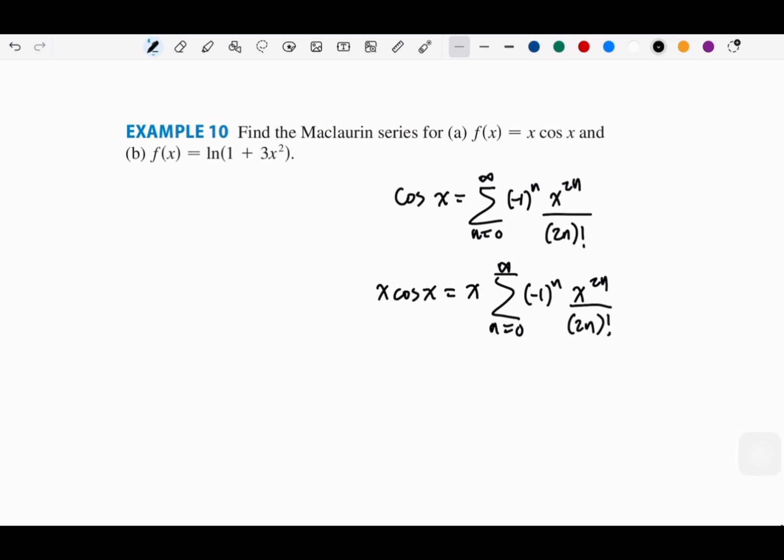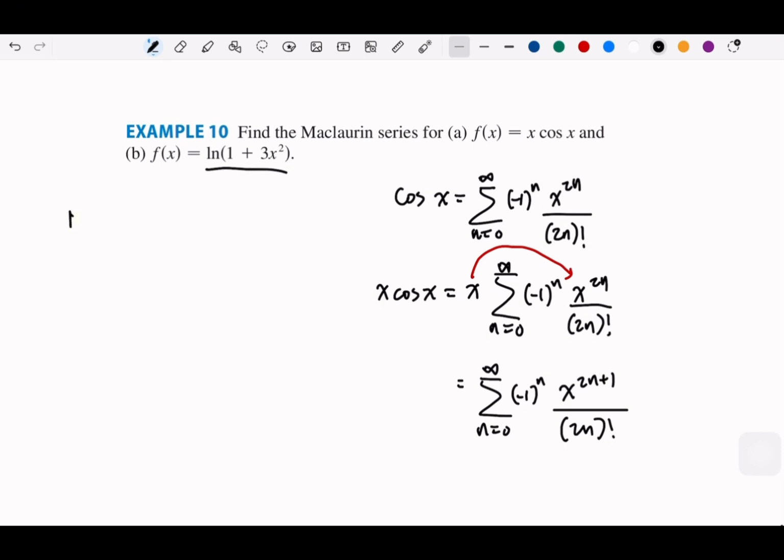Which basically we can do. So we can just bring x inside here and multiply with another x, which gives you the series.